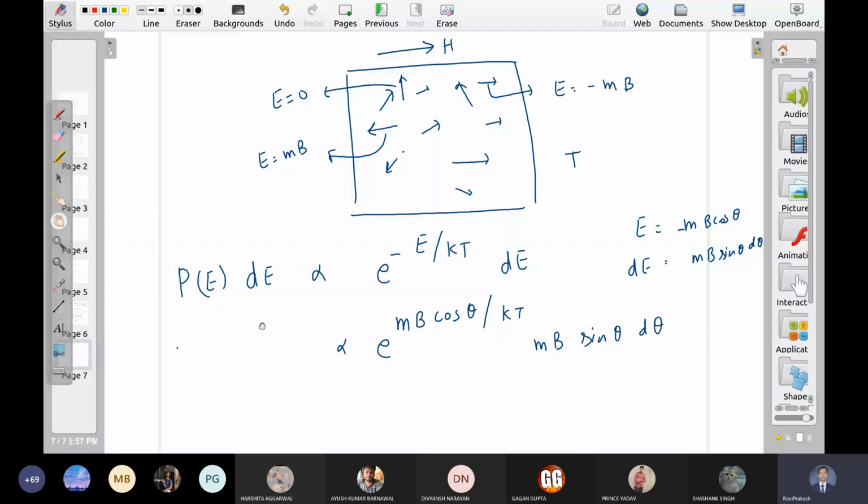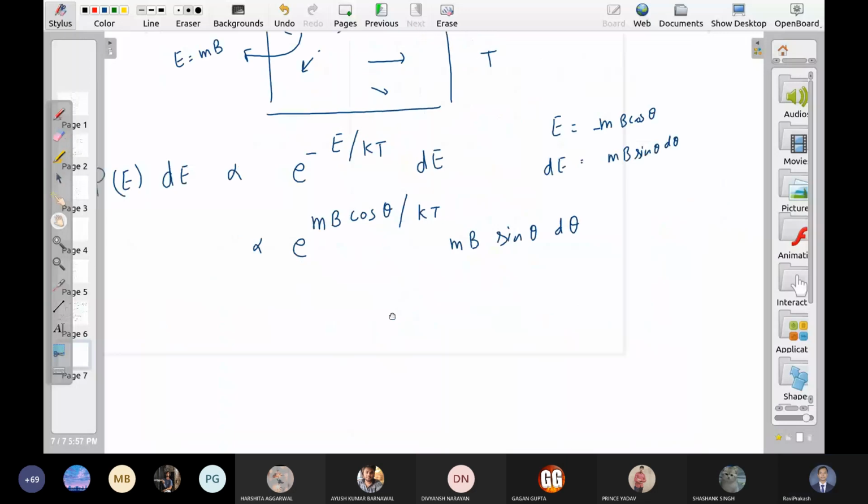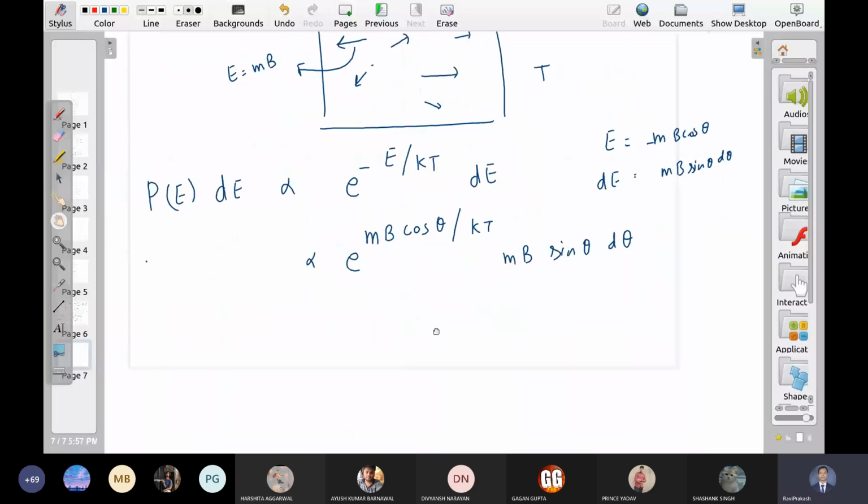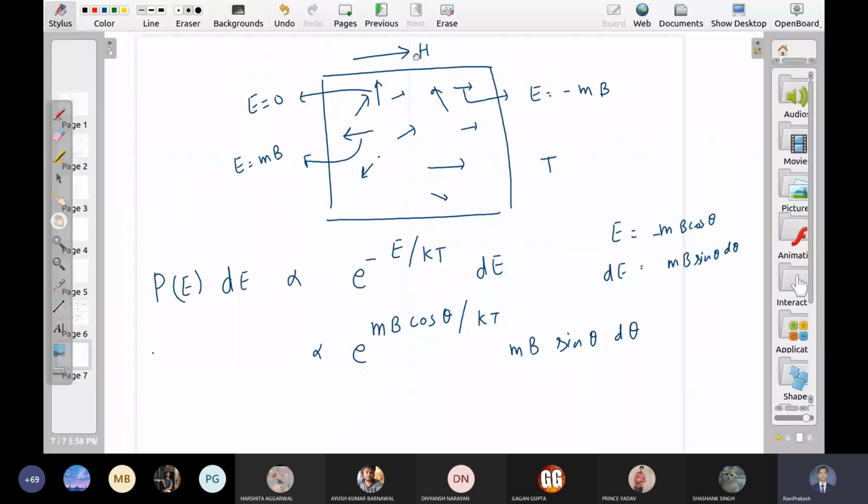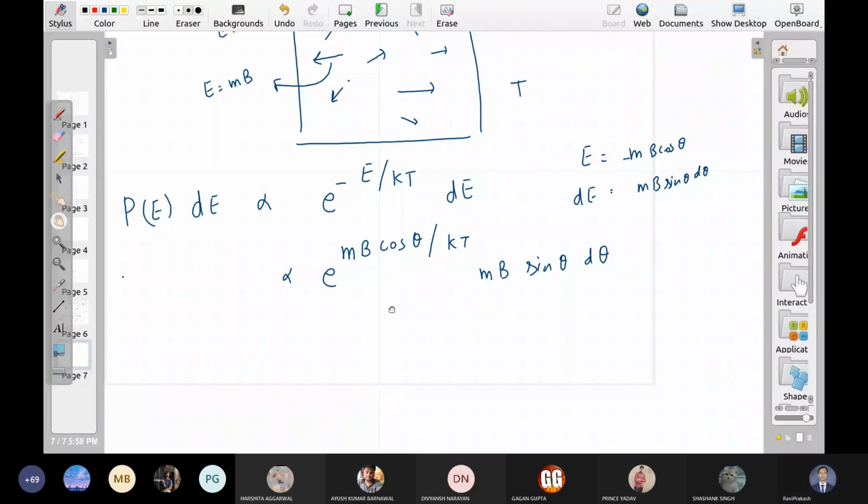So you can also say, आप ये भी कह सकते हैं, थीटा से थीटा प्लस डी थीटा की रेंज में होने वाले मोमेंट्स इस नंबर के प्रोपोर्शनल है. The magnetic moments which are having angle from theta to theta plus d theta from the magnetic field are proportional to this number. Okay.